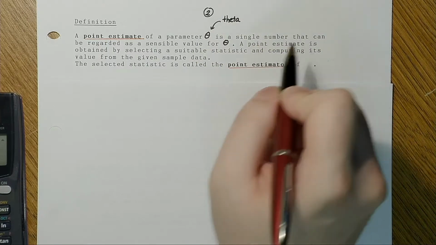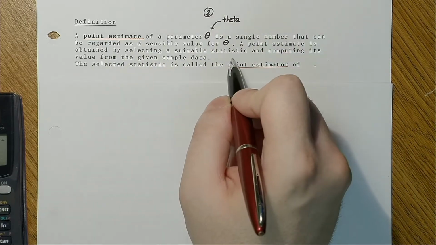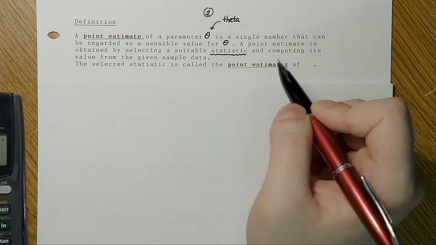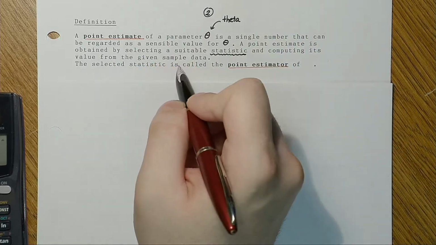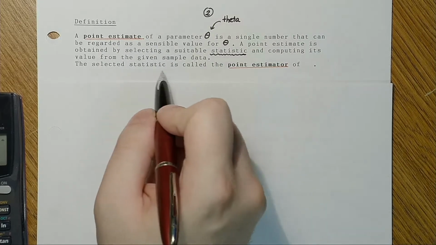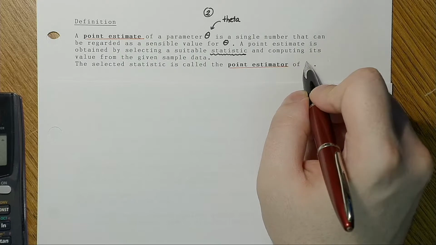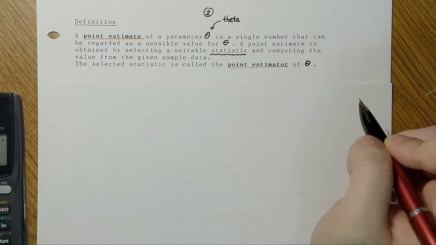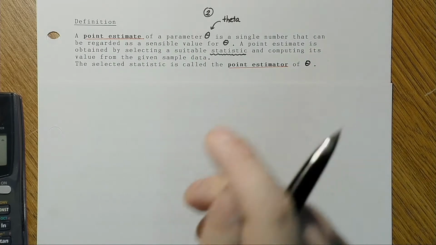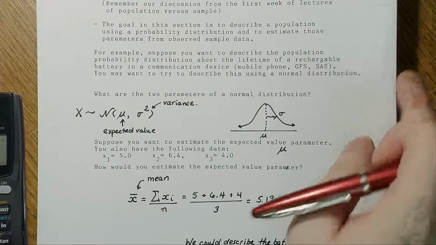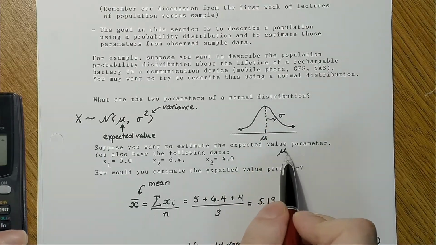A point estimate is obtained by selecting a suitable statistic. We have a word here, statistic, and computing its value from the given data. The selected statistic is called the point estimator of theta. So what we had done in the previous one is we were trying to estimate what mu was.